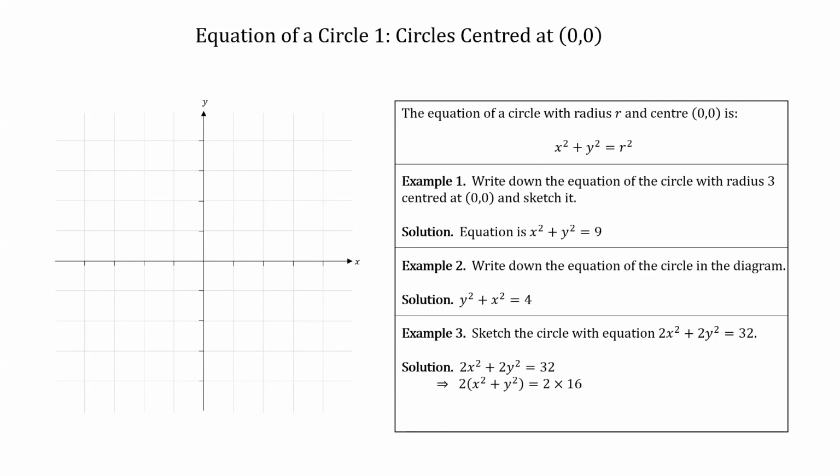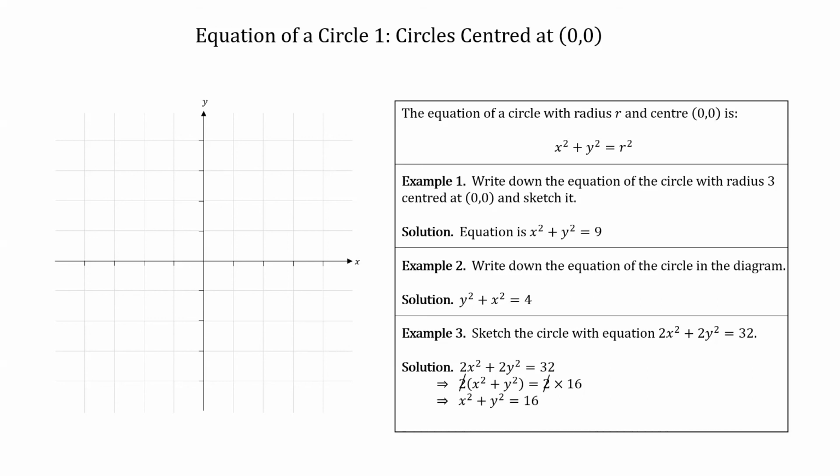So what do we do? We factor a 2 out of the left-hand side. So we take a 2 out of the 2x squared and the 2y squared, and we end up with 2 times x squared plus y squared. So this is factorization. And we note that on the right-hand side, 32 is 2 times 16. So we've got 2 multiplying on both sides, so we can cancel them off.